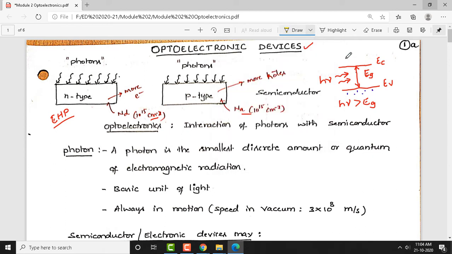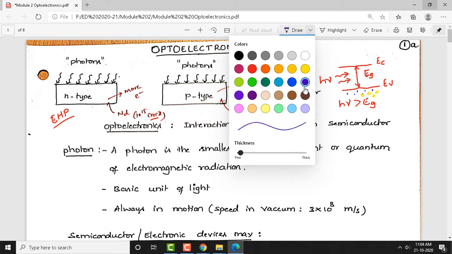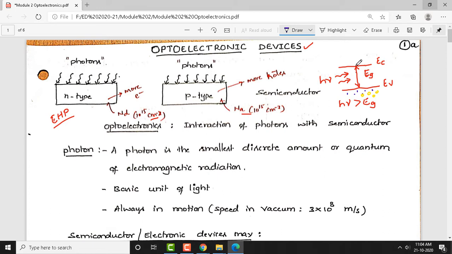You can see that the electrons have moved here and it creates an empty position here, because the electrons have left their position for the conduction band. So electrons have moved from the valence band to the conduction band.